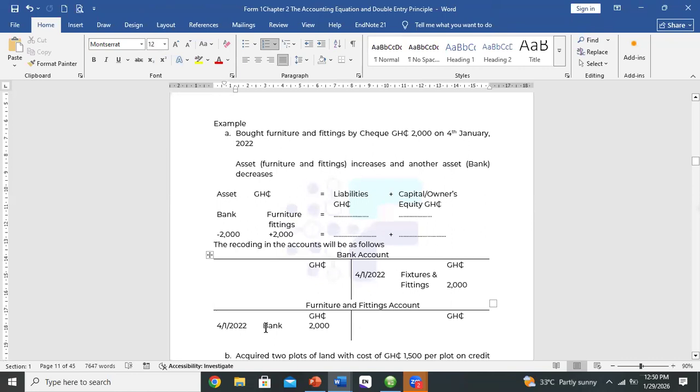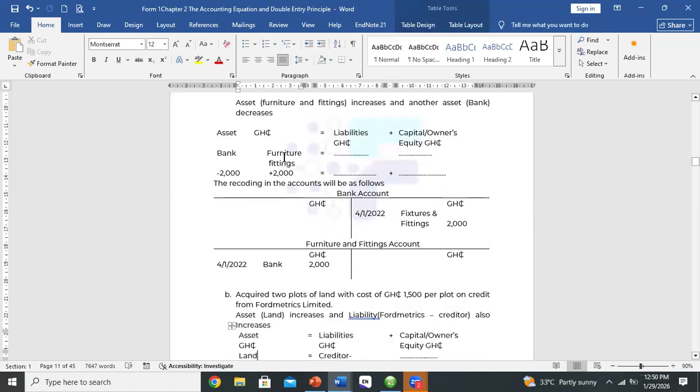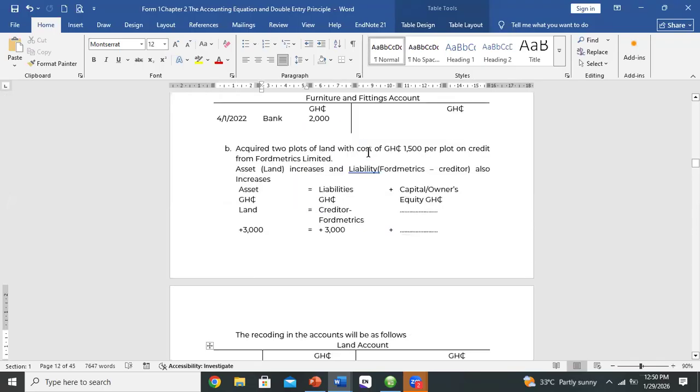Okay, and I think I have another example here. Acquired 2 plots of land at a cost of 1,005 per plot on credit. So if you buy the asset on credit, the two accounts will be the asset and the liability, that's the creditor. Here you bought it on credit from Ford Metrics Limited, so Ford Metrics becomes the creditor.